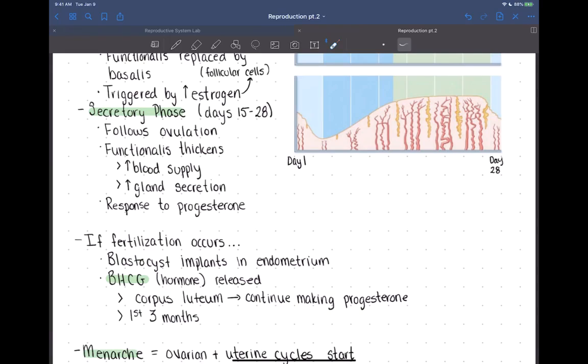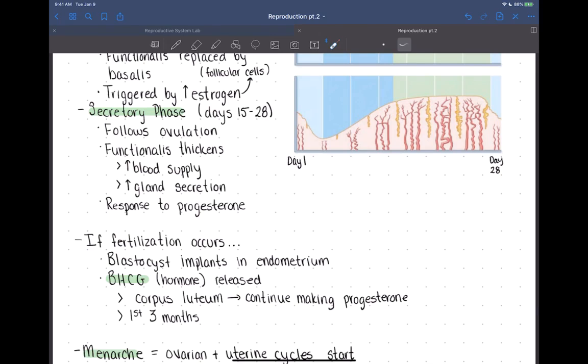These glands are going to start secreting mucus, so they start to get really squiggly when they do that. When they become more active, they get very wavy instead of just being nice and straight up and down. So the endometrial glands start to secrete, the blood supply increases, and that's all associated with that secretory phase.